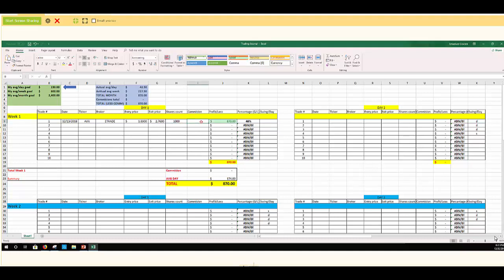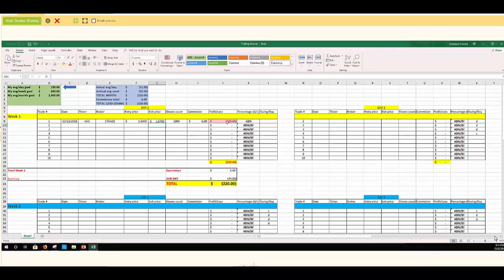Commission is let's say $6. So now all the cells are being populated. If this was a losing position, if I got stopped out and exited at, let's say, 1.67, this would be automatically populated as a red cell.